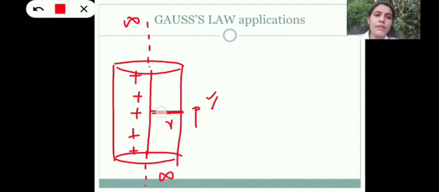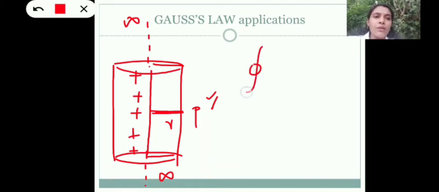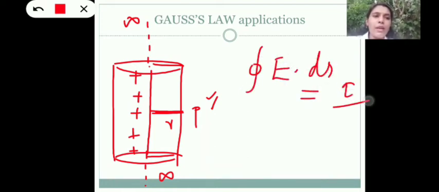Radius of the cylinder is r. Next we can apply Gauss's law. So what is the next step? You must apply this equation: closed integral E dot ds is equal to q by epsilon naught. That's what we are going to do next.